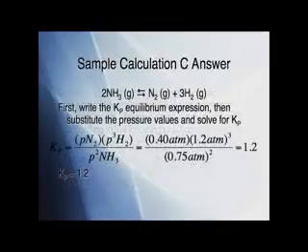First, we're going to write the Kp equilibrium expression and then substitute the pressure values and solve for Kp. So Kp is equal to the partial pressure of nitrogen gas times the partial pressure cubed of hydrogen gas divided by the partial pressure of ammonia gas squared. So it's 0.4 atmospheres times 1.2 atmospheres cubed divided by 0.75 atmospheres squared. And so Kp is 1.2.